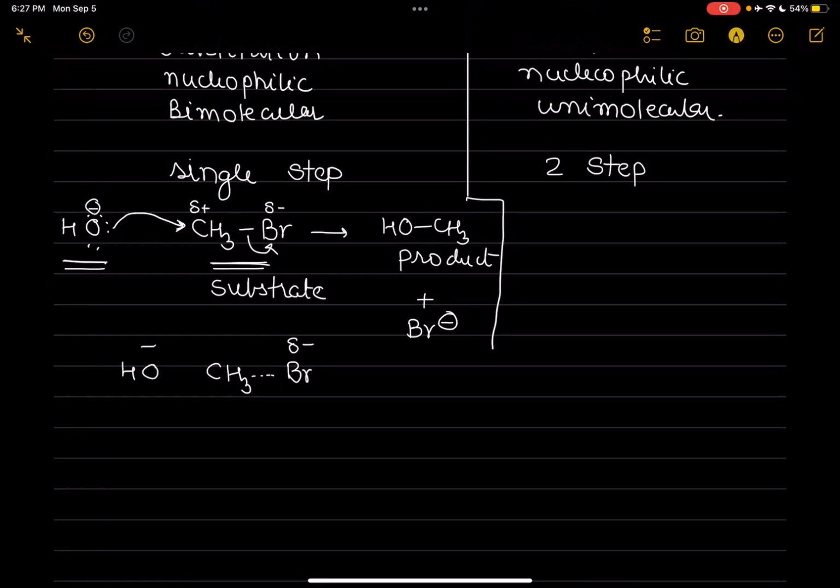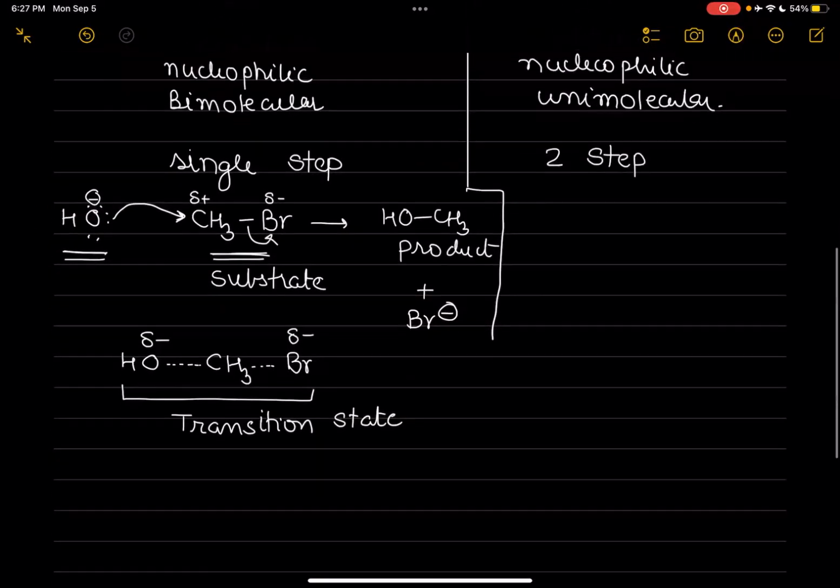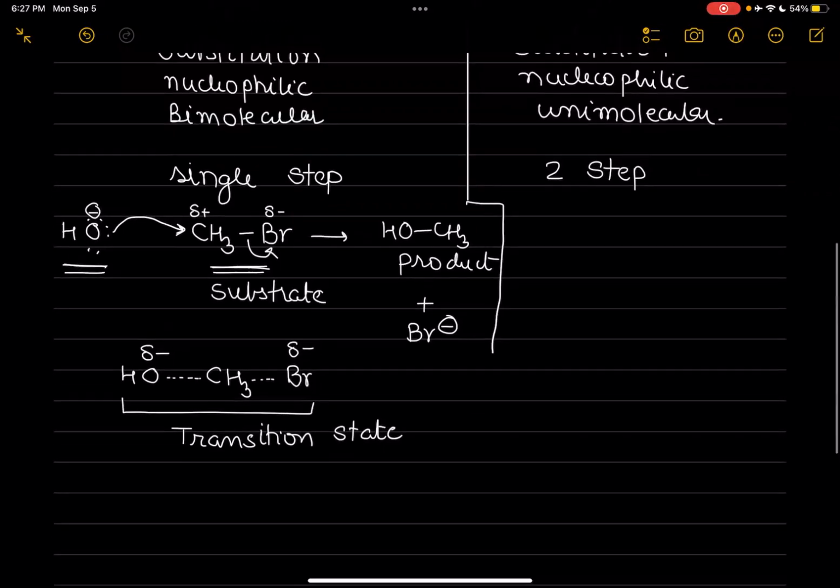And the OH minus is trying to form the bond. So this is called the transition state, the transition state of SN2 reaction. It occurs in just one step.